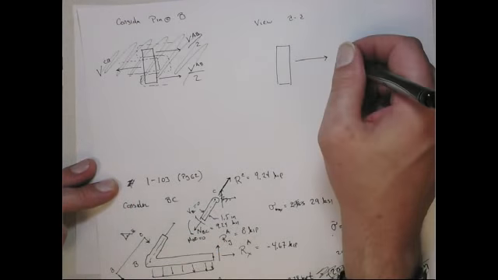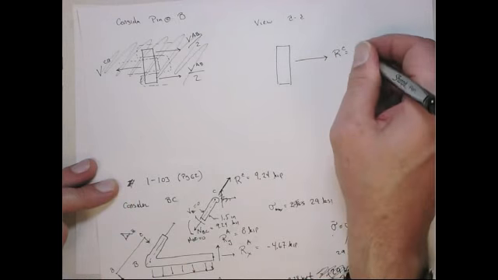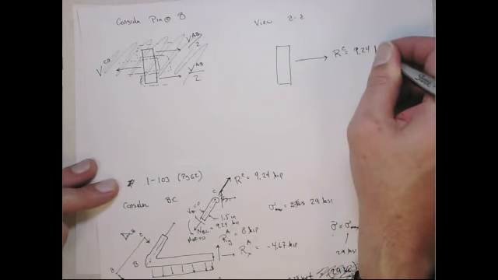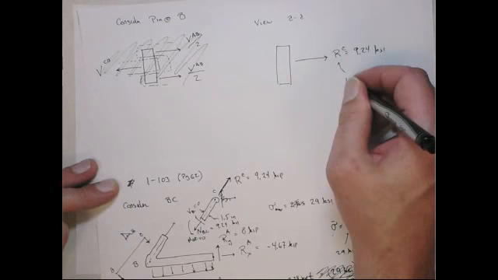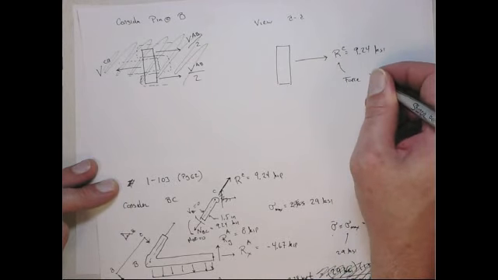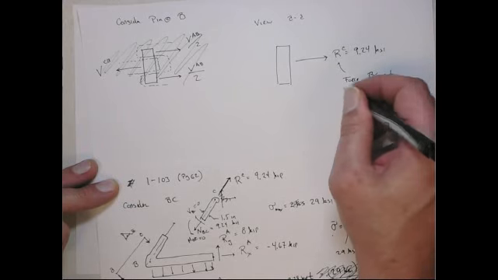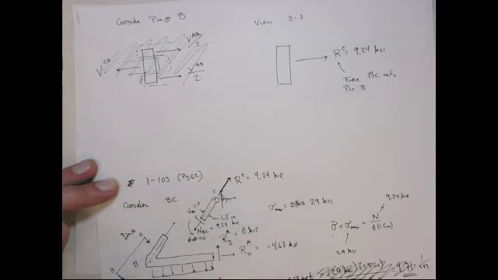This is RC. Okay, we know that's RC. That's equal to the 9.24 KSI. So this is the force from BC onto pin B. Okay, that's that reaction force.